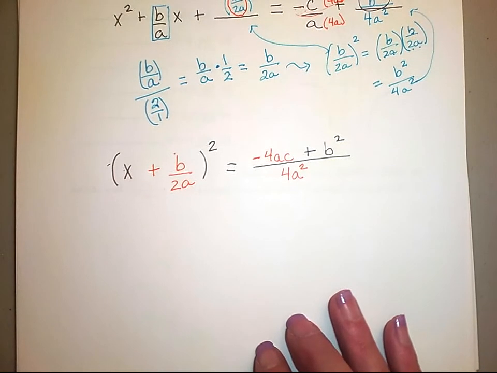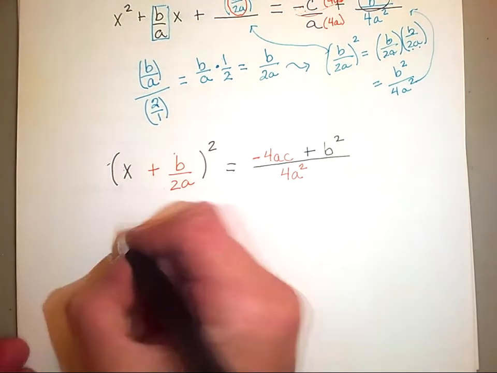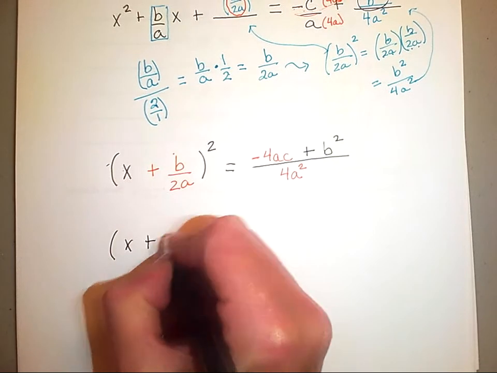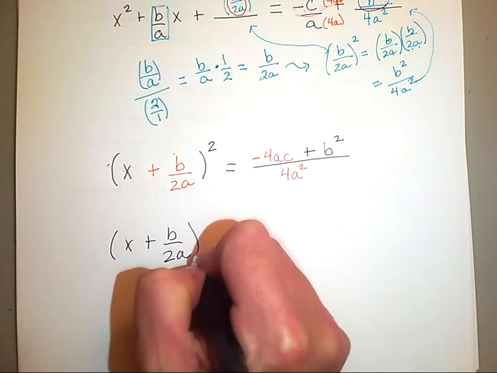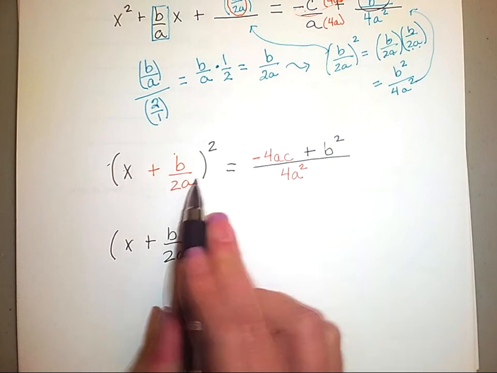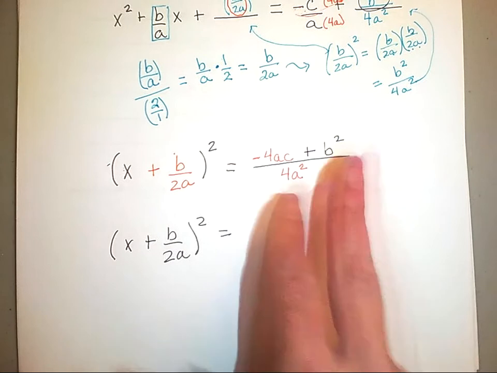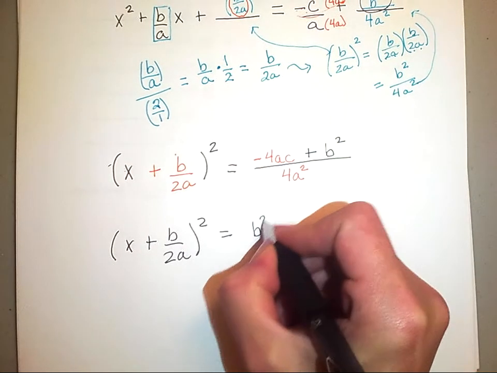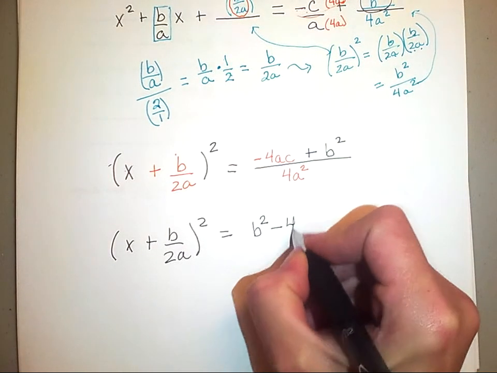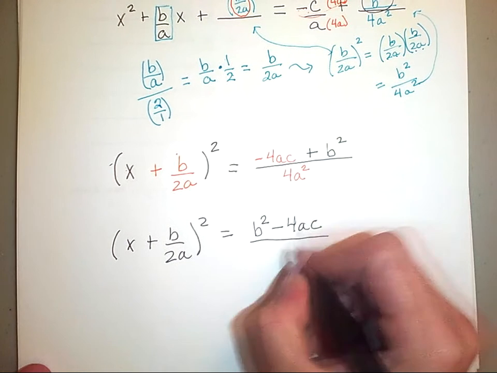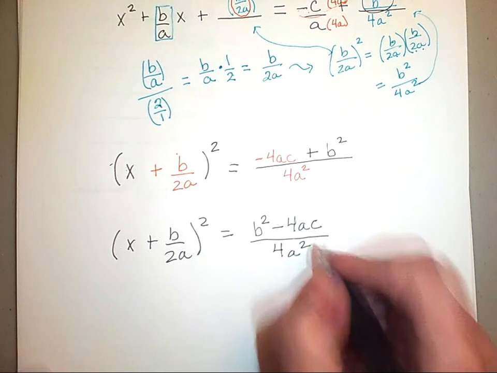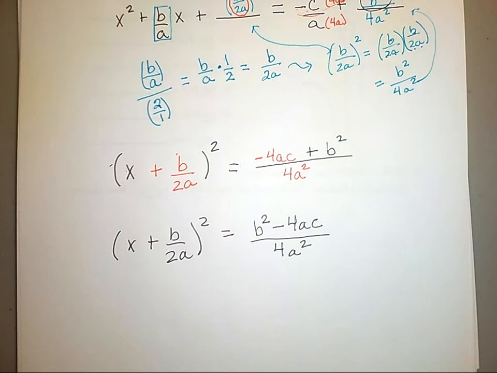So now x plus b over 2a, squared. Before I take the square root, I'd like to change this so the negative isn't out in front. We can commute these. So this becomes b squared minus 4ac all over 4a squared. Alright, and now we're home free.